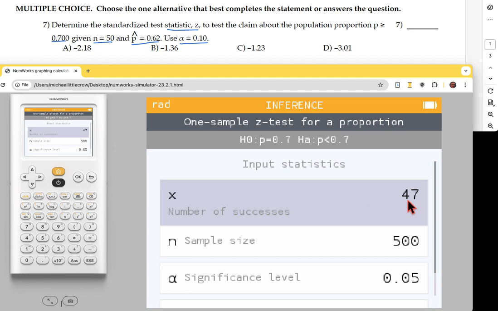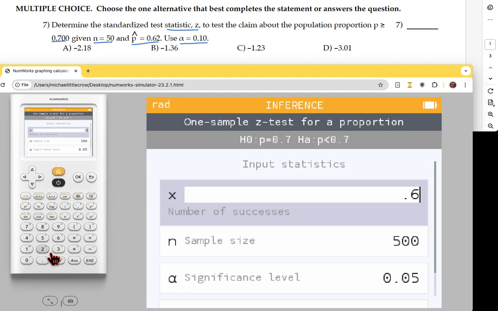Okay. Now they don't give us the number of successes, but they give us the proportion of successes, and they give us a sample size. So right in this box we are able to do the calculation of 62% times 50, because if you multiply that, that will give you the number of successes.